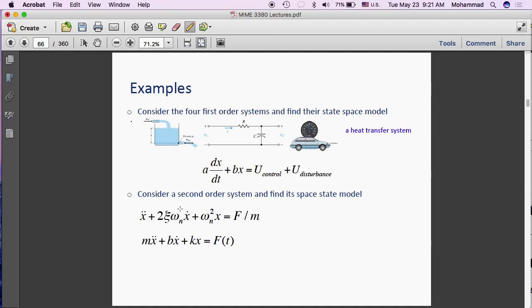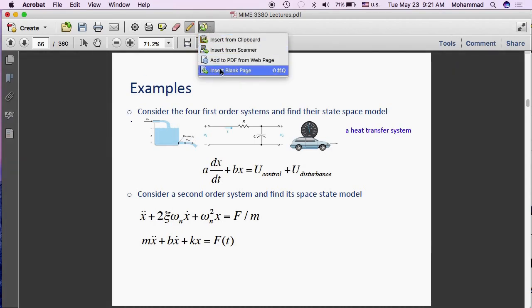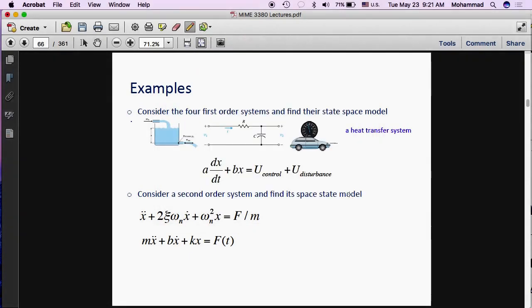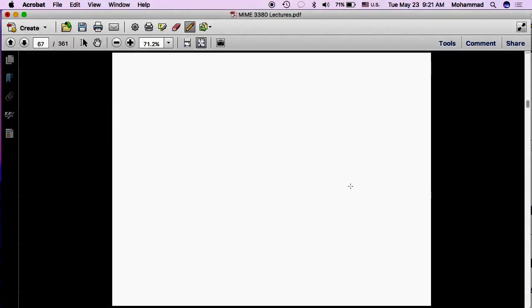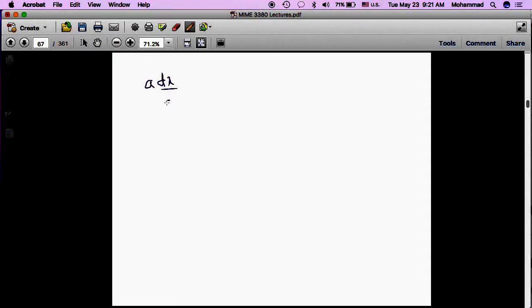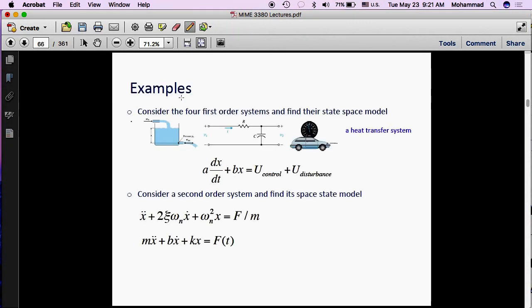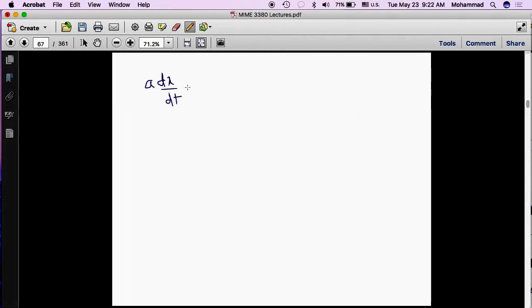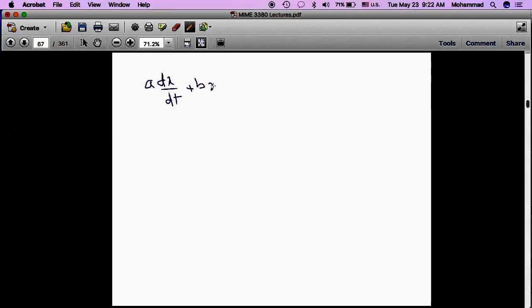So let's start with the first differential equation. Let me add a page here. The differential equation is a times dx over dt plus b times x is equal to u. For now, let's forget about the disturbance. So that's the form.